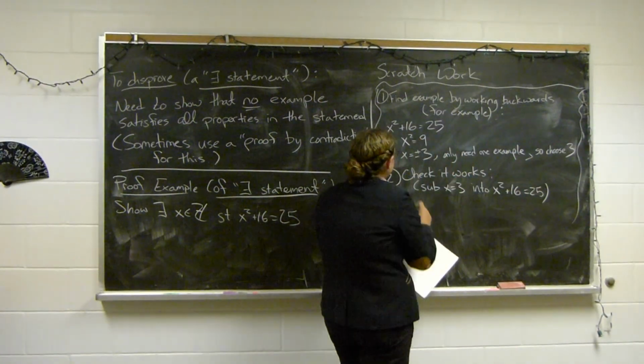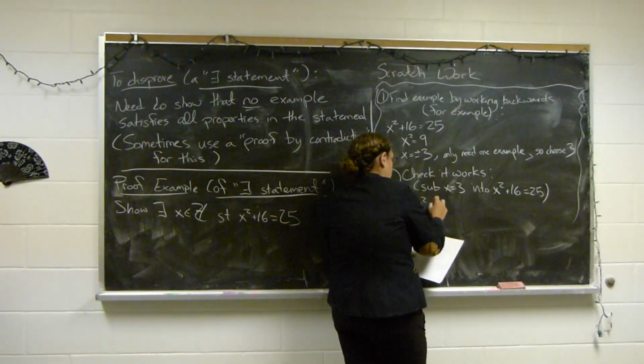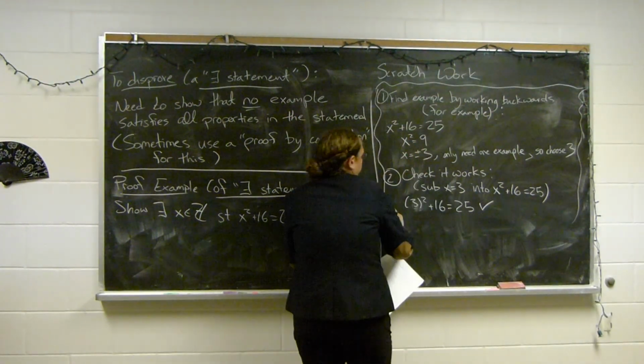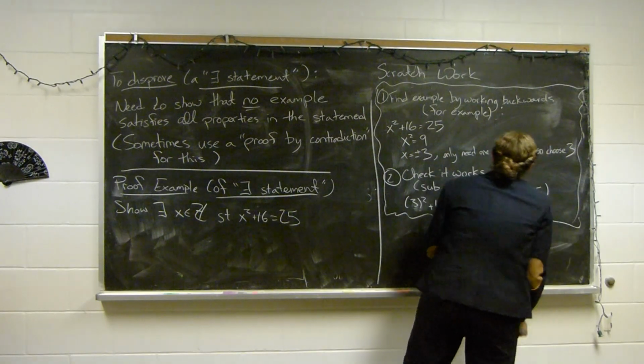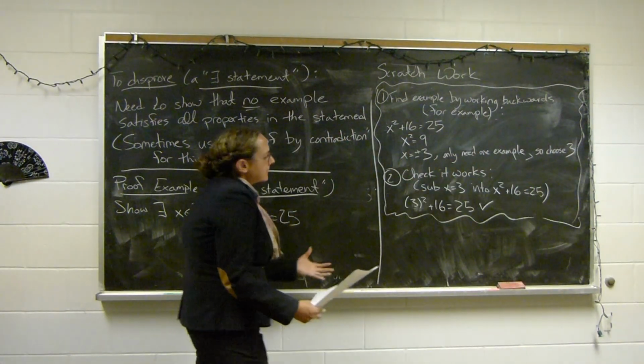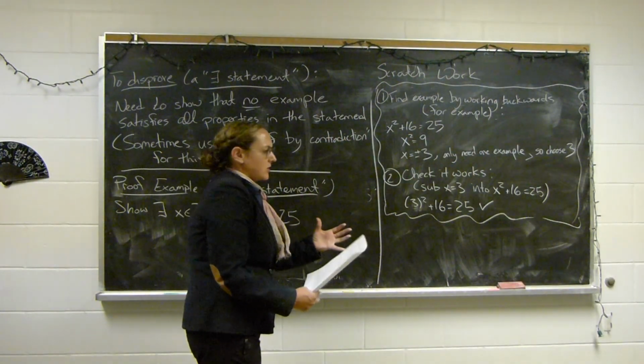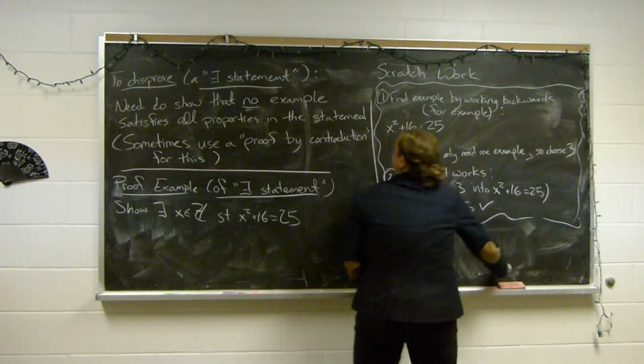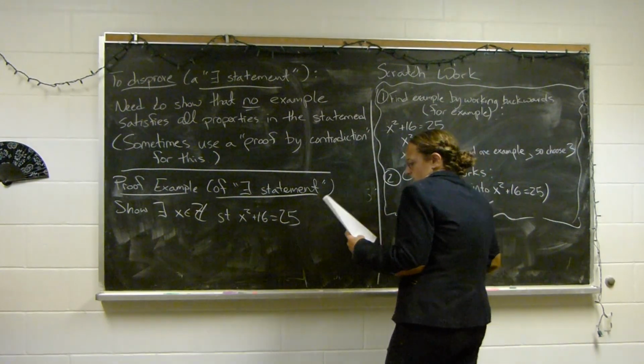So I get 3 squared plus 16. Hey, it's exactly what I wanted. I'm a happy camper. Always good to be a happy camper. Okay. I found an example. I showed it worked. Let's actually look at what our final product proof would look like.